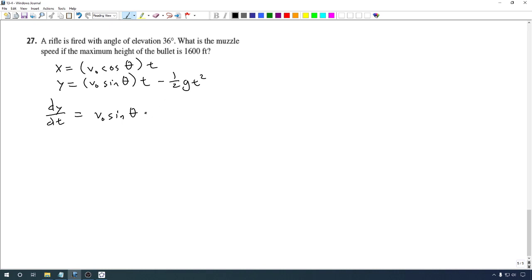And then here we have a minus, well, not 1/2 anymore. The t squared is going to give us a 2t. So we'll have gt. Now you might recognize that was the y component of our velocity vector, so you could actually have just gone back to that formula as well. But the important thing here is that y is a maximum when the derivative becomes 0.